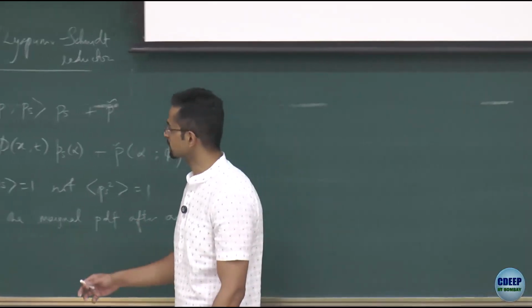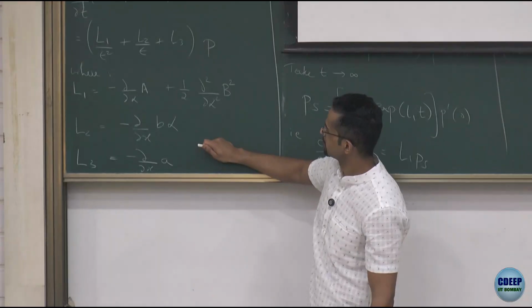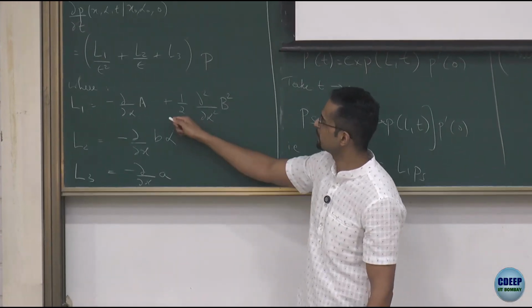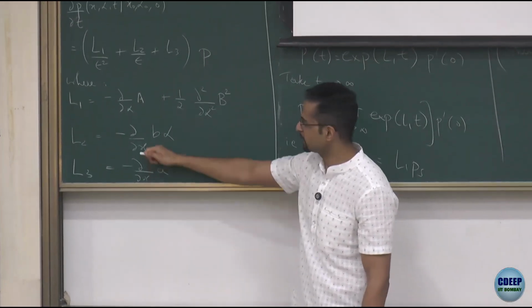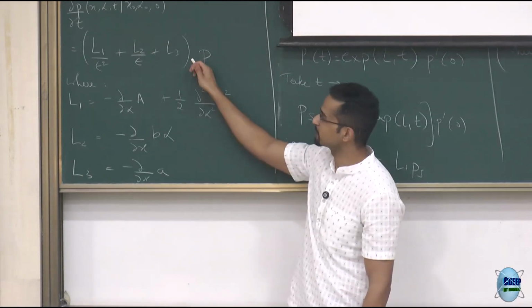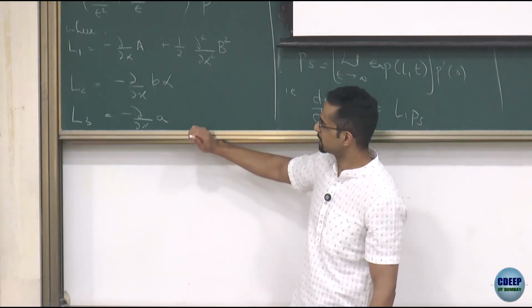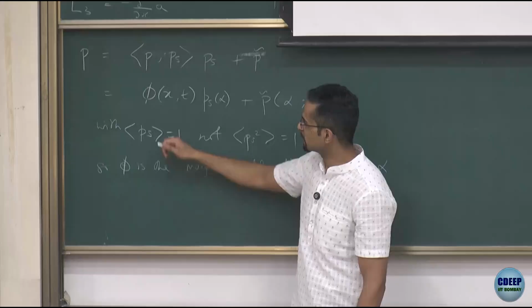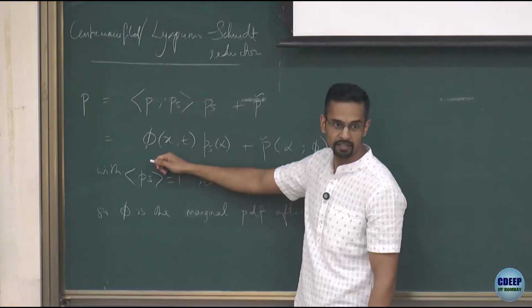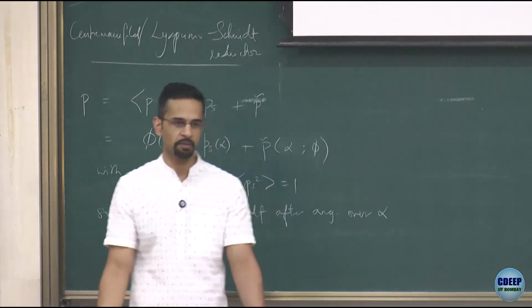Right now there is no noise in x. If you look at the full PDF for small p, there is diffusion only in alpha. X has only drift. But if I get an equation for phi now, which is the integral of P PS, the marginal PDF in x and t, and the equation for phi that I derive after my reduction has a diffusion in x, then when I go to SDE space, that diffusion term will become a noise.